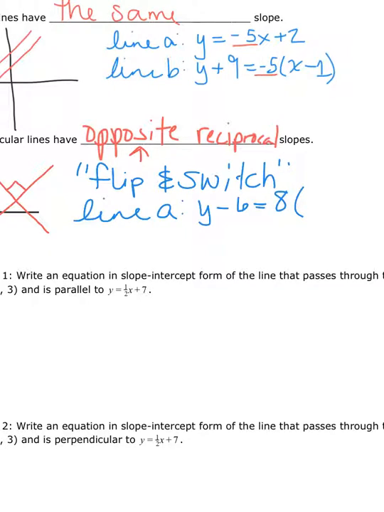Let's use 8. We'll do 3 over 2 again in a second. 8 times x minus 4. Hold on, because we want it to be perpendicular, right? So let's say my y equals, I need an opposite reciprocal to this 8. What's the opposite of positive 8? Negative. And what's the reciprocal of 8? 1/8.